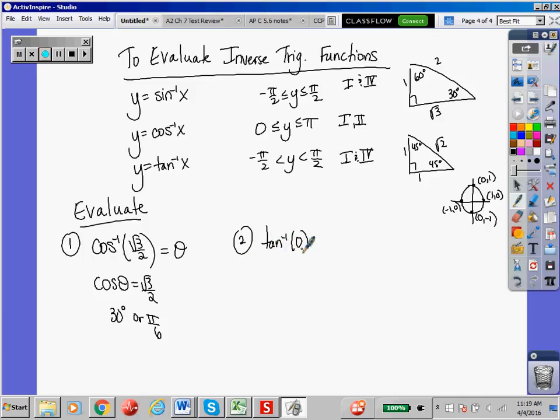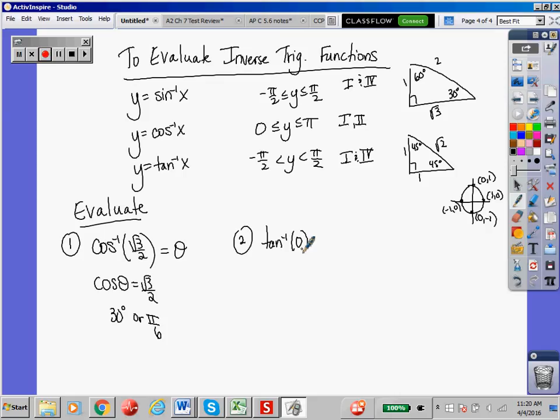Okay, how about this one? Inverse tangent of 0.